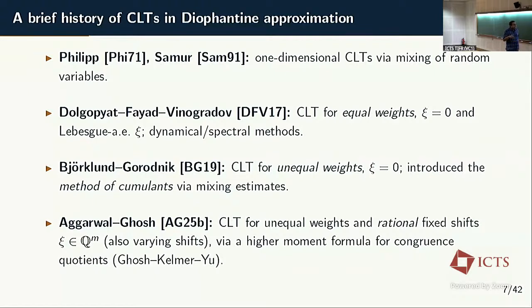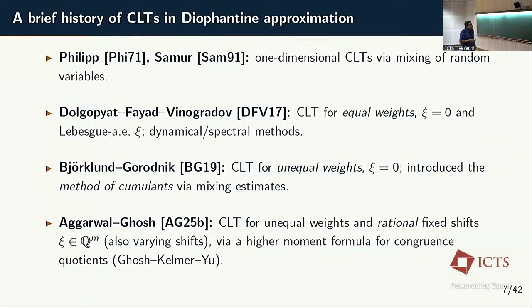A few years ago, Gaurav and I proved a slightly more complicated central limit theorem. But the main interest in this is it uses something involving Eisenstein series. I'll come to this later on. Okay, so the summary that I want to present to you is a lot of work was done in the last century. These are two representative works of that period, but there's a lot of work.